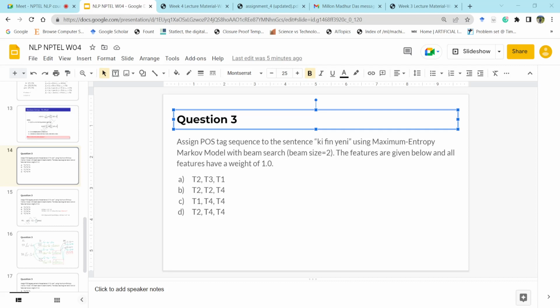If we say, I have a car, okay, here we know what car is. It is a noun, right? So this noun represents T1 or T4. Because we are not working on real POS tags or something, we have set these values.